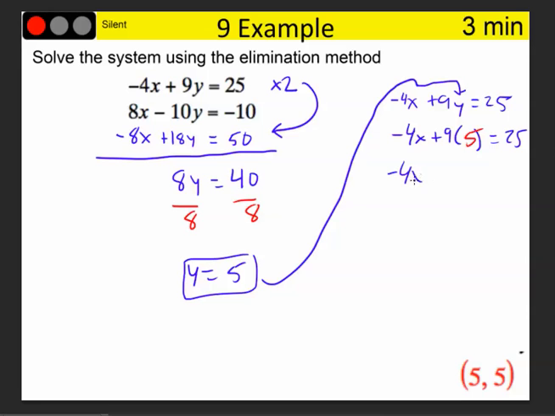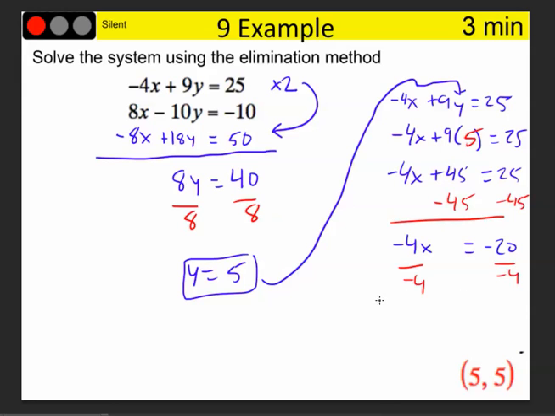So now it's -4x plus 45. 9 times 5 is 45. Subtract 45 from both sides. -4x equals -20. And then divide both sides by -4. And I'm left with x equals +5.